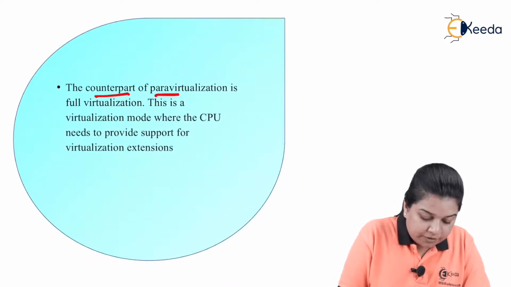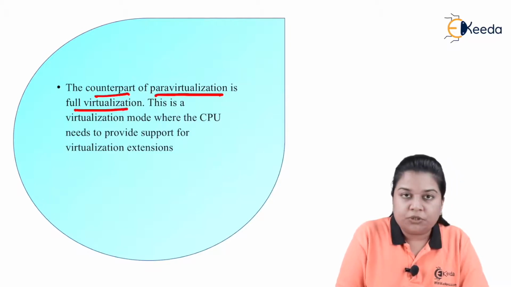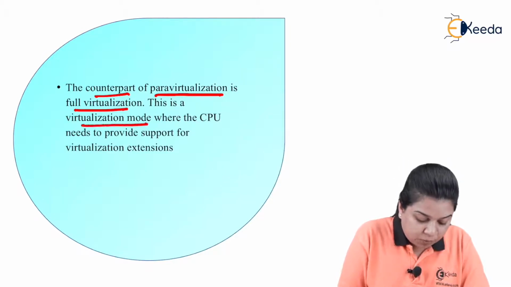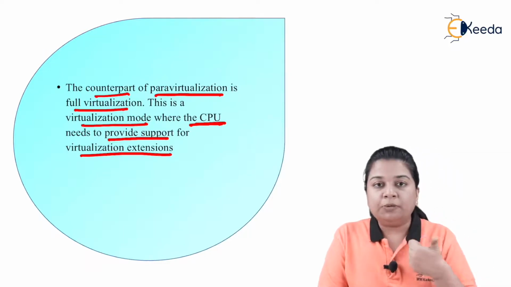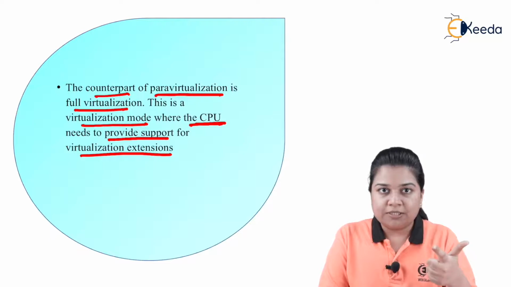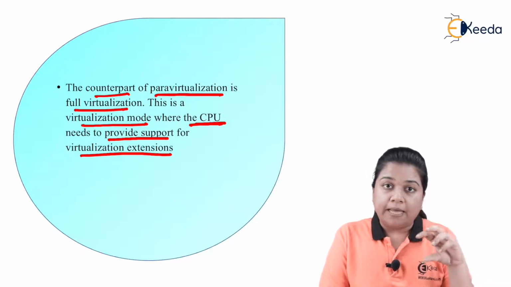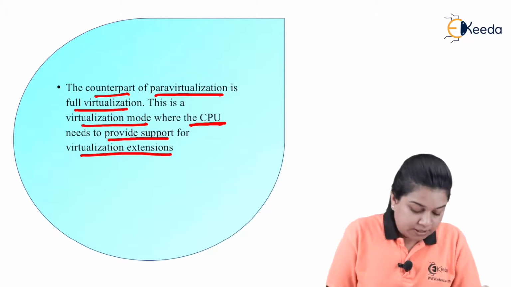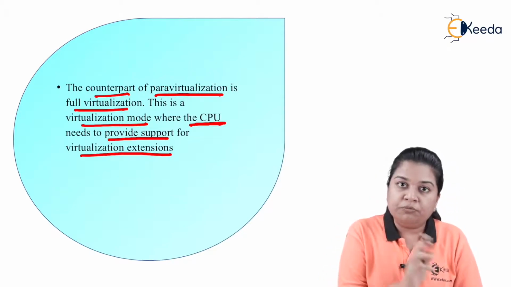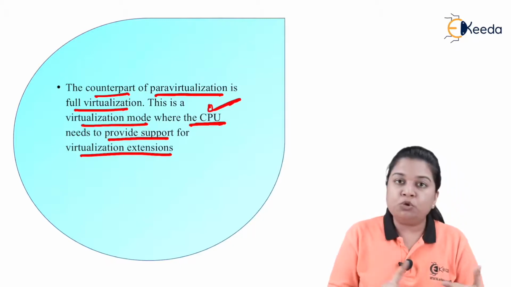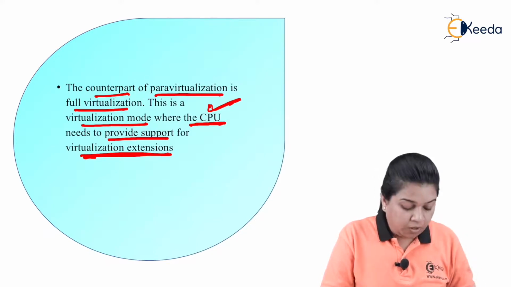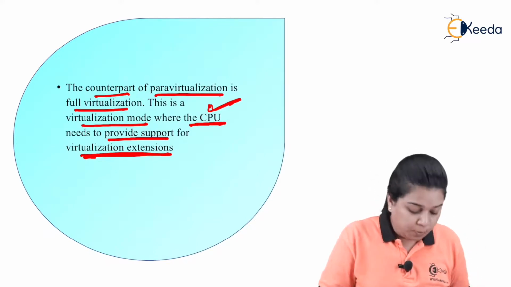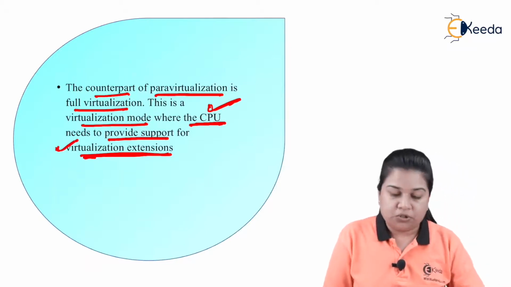The counterpart of paravirtualization is full virtualization. This is a virtualization mode where the CPU needs to provide support for virtualization extensions. That means it has to provide the support for these particular virtualization extensions.